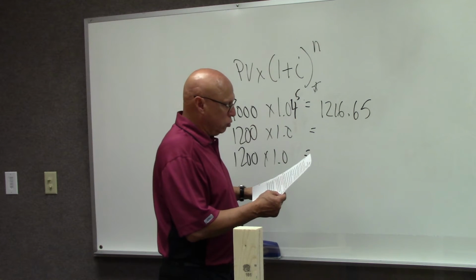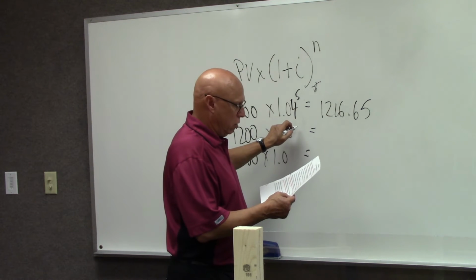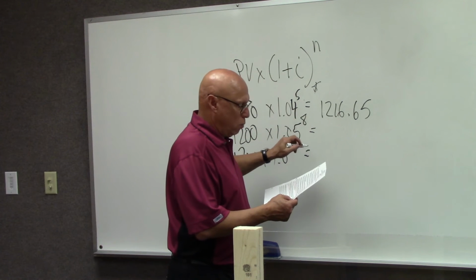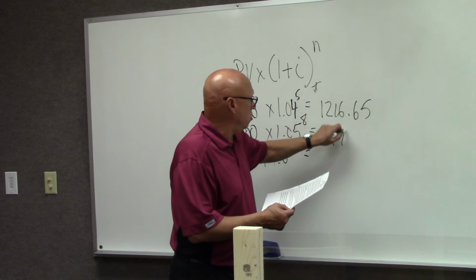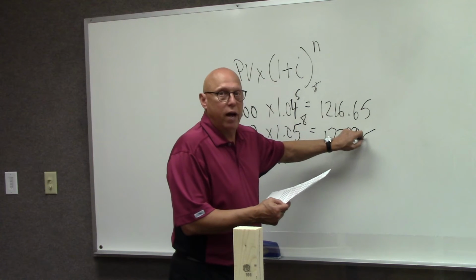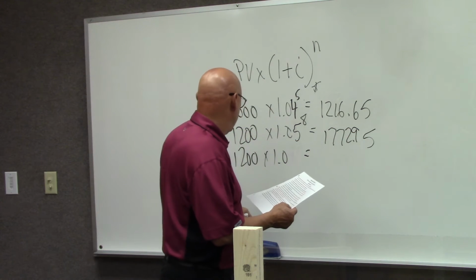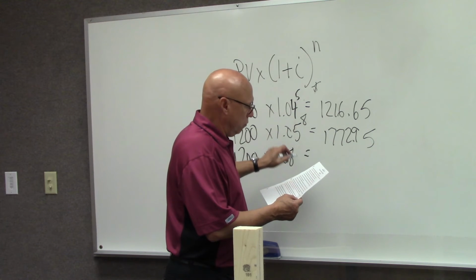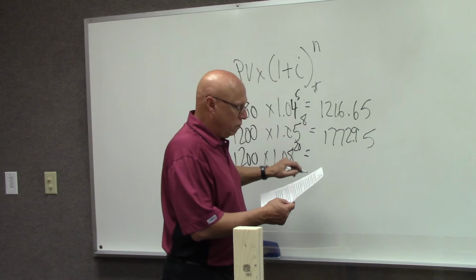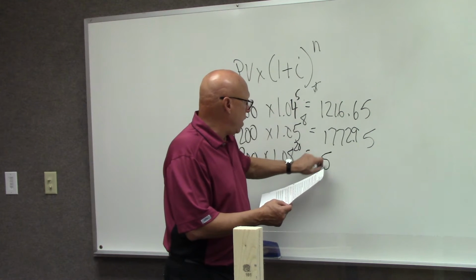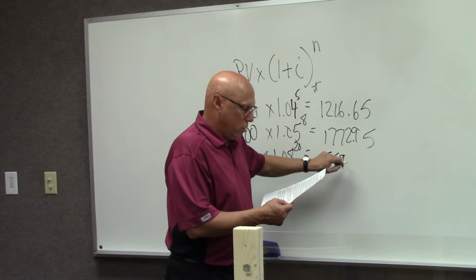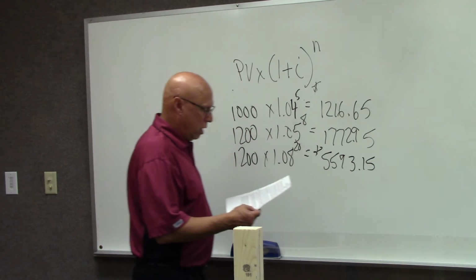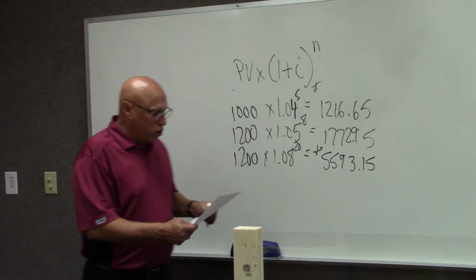Then we have 1,200 times 5% for 8 years, and we get 1772.95. Then 1,200 times 8% for 20 years, and we get 5593.15. There you go.